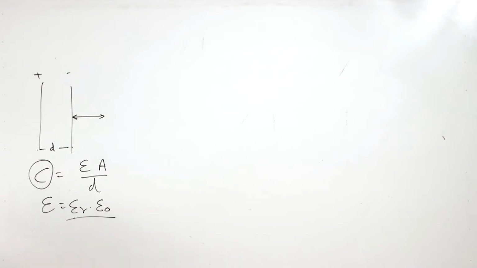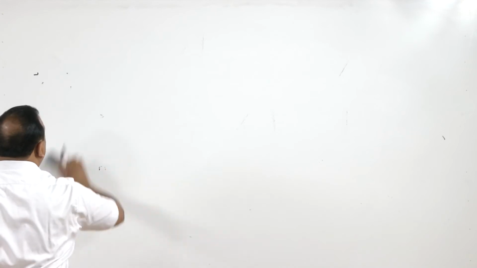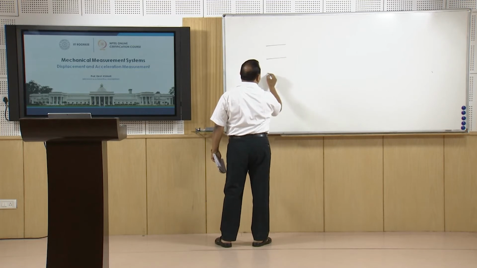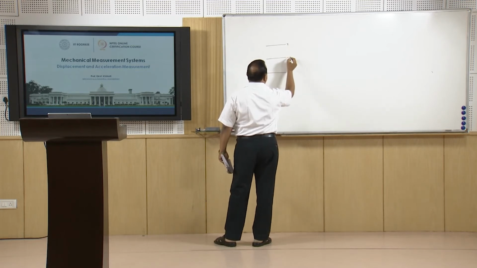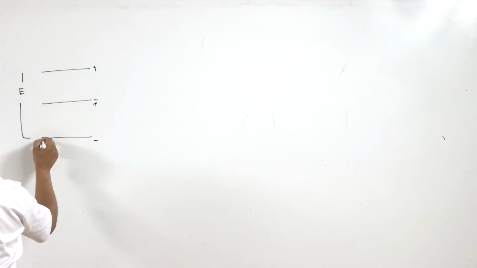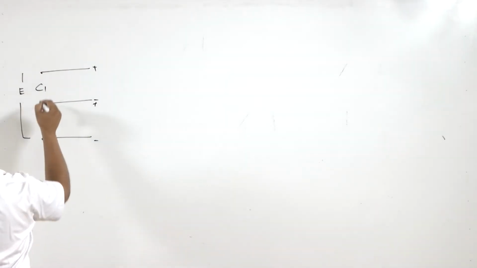Now instead of using one, if we use a bank of capacitors, or let us say two capacitors, and they are put in series, plus, minus, right? And a certain voltage E is applied between these two, and this capacitor has capacity C1 and this has C2.